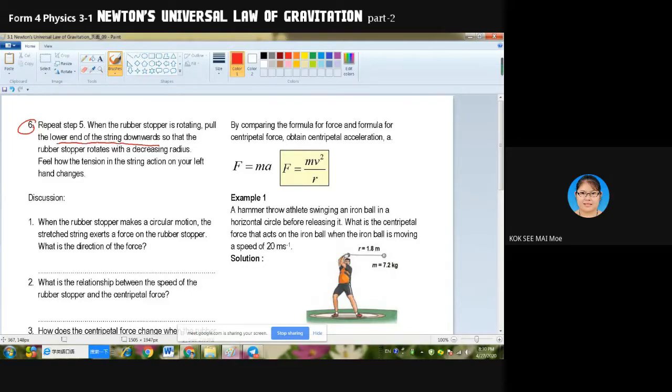So now they still want to ask, okay, feel how the tension of the string acting on your left hand changes. So what do you think about that? The mass is now constant, and I make the radius smaller. What do you think about the speed of rotation? Does it become fast or slow?